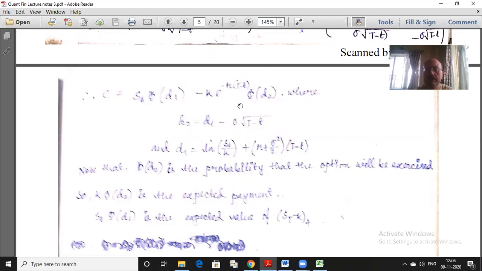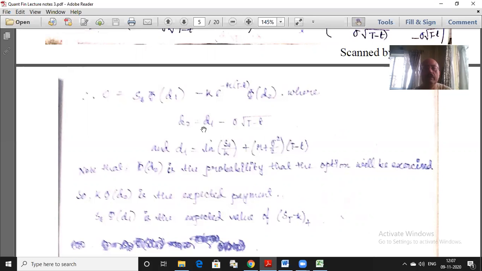Phi, capital phi, as I said, is the normal CDF, where what are D1 and D2? D1 is log of ST by K, K is the strike price, plus r plus sigma square by 2 times capital T minus small t. And D2 is the same thing, but with a minus sign here. So it will be r minus sigma square by 2 times capital T minus small t.